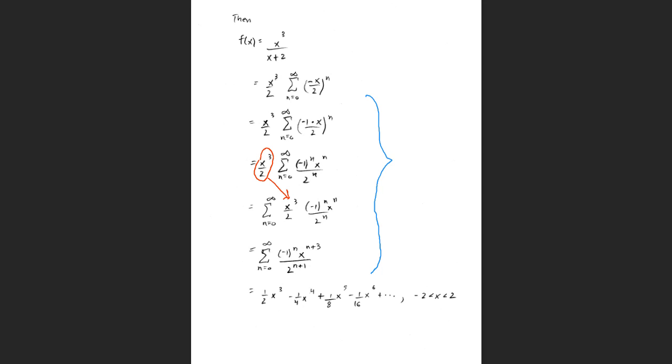I can do that because, does x cubed over 2 depend on n or not depend on n? The summation starts at n equals 0 and goes to infinity. But is the expression x cubed divided by 2 in front dependent on n at all?